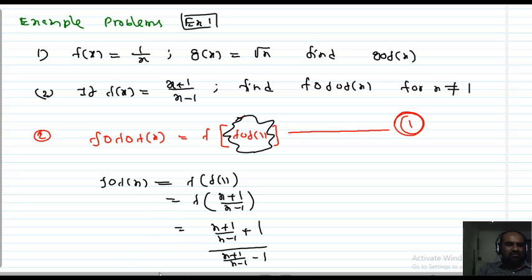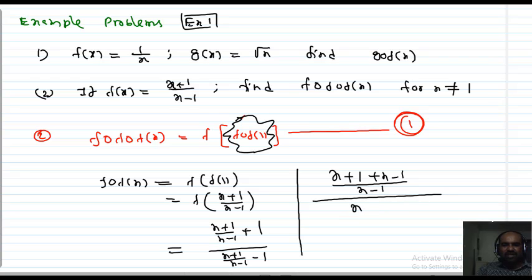Okay, so actually it is equal to, I should write here. Now I want to simplify this. So x plus 1 plus x minus 1 by x minus 1, divided by x plus 1 minus x plus 1 by x minus 1.